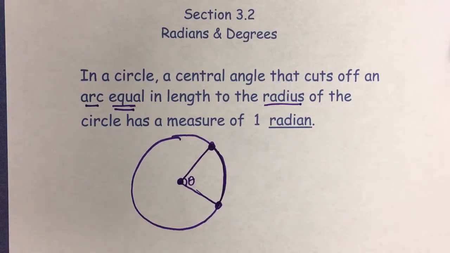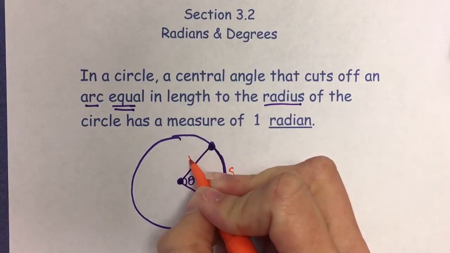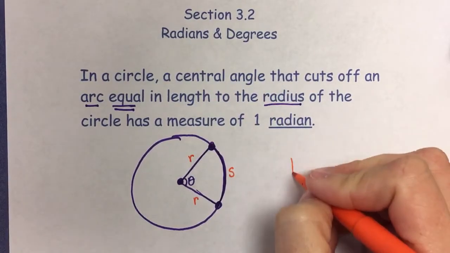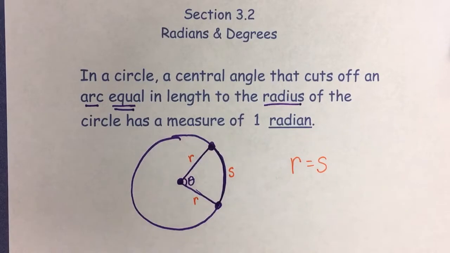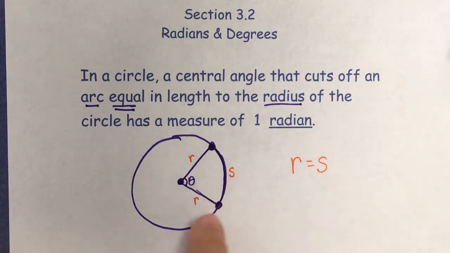They use the letter S to represent the length of the arc, and of course for radius we use R. So again, this definition tells us that R and S have to be equal to each other. If you were to take the arc and straighten it out and measure it, it would have to be the same as this radius.